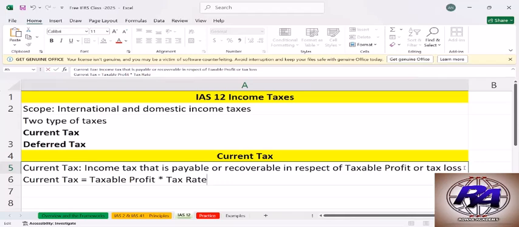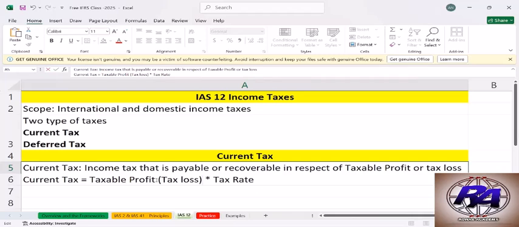But there are certain times in the life of a business when it's not always the case that you're going to get a profit. When you get a loss for the period, it's going to be a tax loss. Then we multiply it by the rate, but there is a treatment for it.